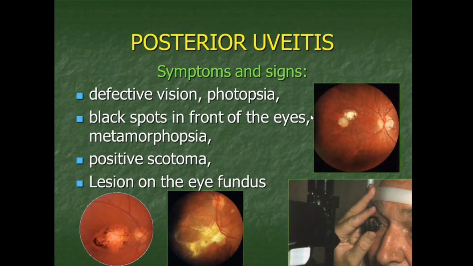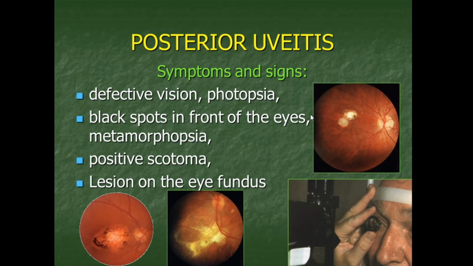In the case of posterior uveitis, you have absolutely other complaints. You remember, if the patient with anterior uveitis complains of pain, redness, discomfort, and so on, as for posterior uveitis, no redness, no pain.